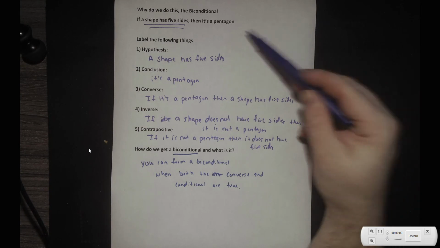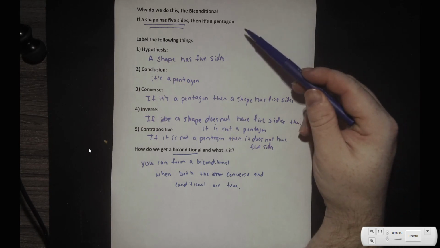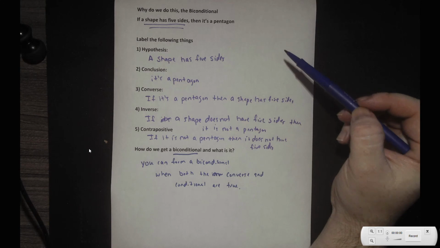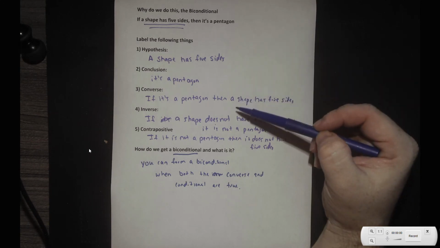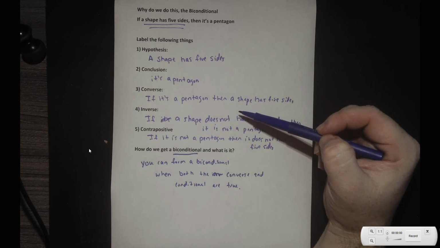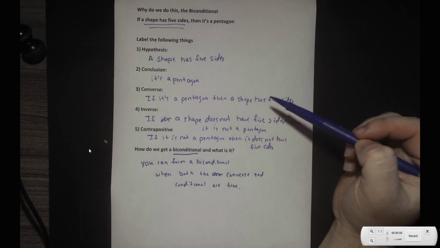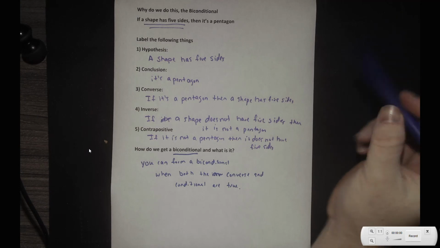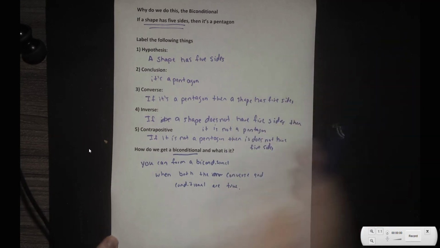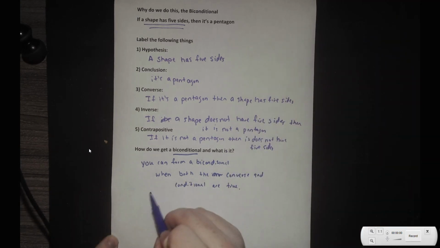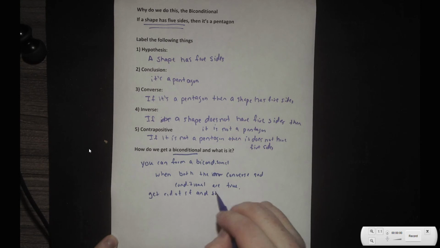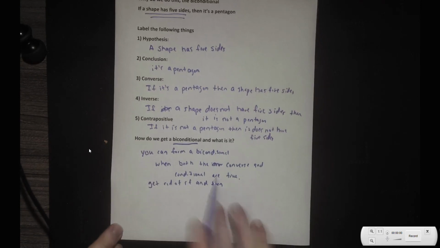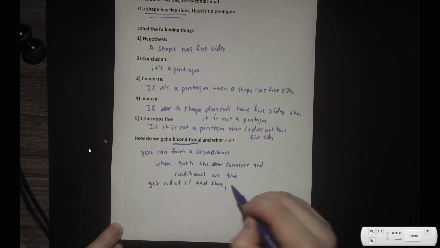When I look at the original conditional, if a shape has 5 sides, it's a pentagon. I don't know of any shapes that have 5 sides that are not pentagons, so that's always true. The converse, if it's a pentagon, then a shape has 5 sides. I don't know of any pentagons that aren't 5-sided, so that's always true. So what we do is we get rid of the if and then. And then what we put in is if and only if.